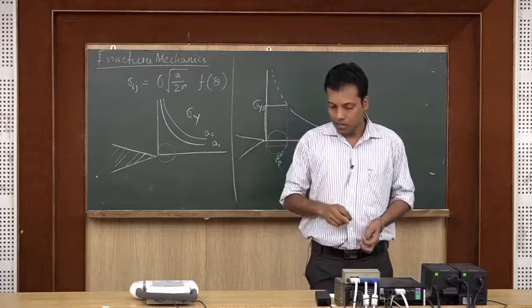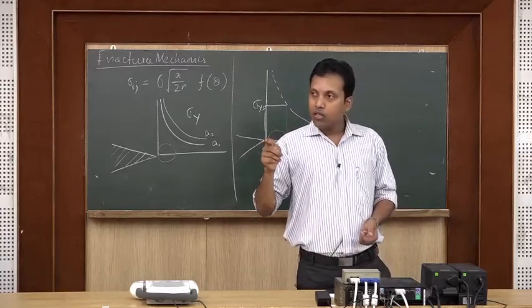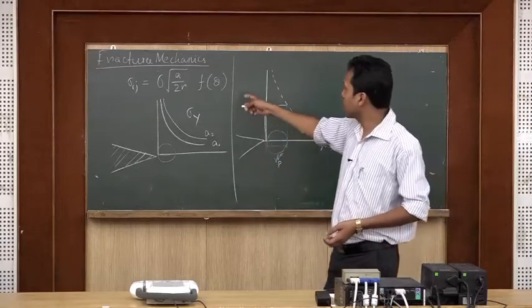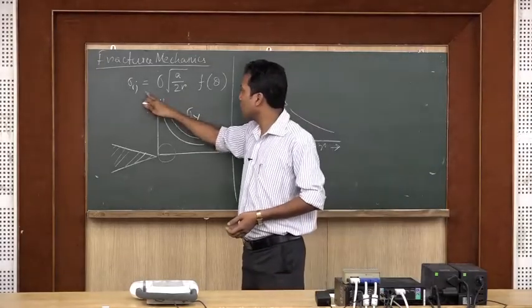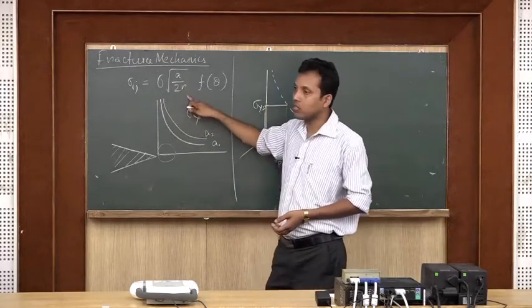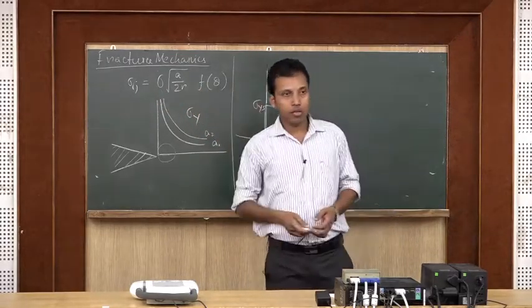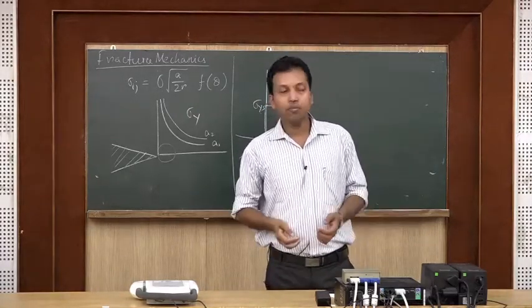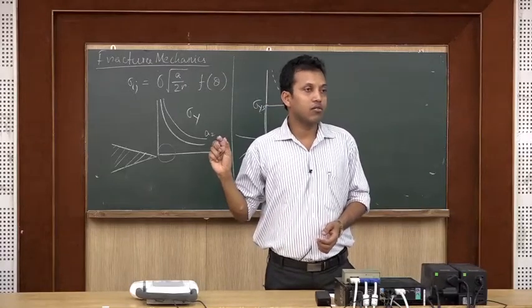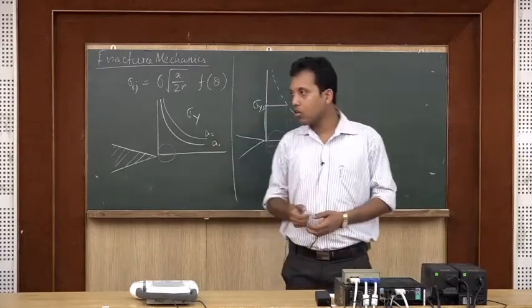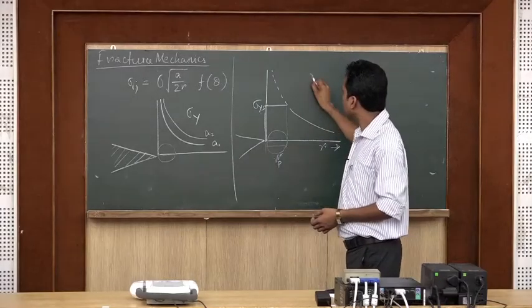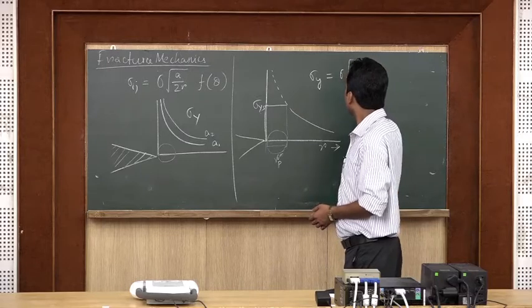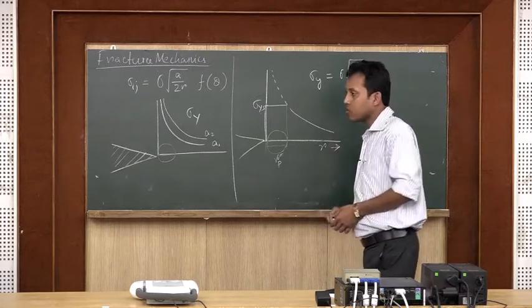Please see your earlier notes that if I take theta equal to 0, then the entire equation will be of this kind, that sigma y equal to sigma root a by 2r. Okay. Function of theta will not be there, because that is 1 plus or 1 minus some cos theta sin theta term, and if I put there theta equal to 0, that term will be equal to 0. Do you follow this or not? If yes, then I can write that sigma y equal to sigma root over a by 2r. Okay.